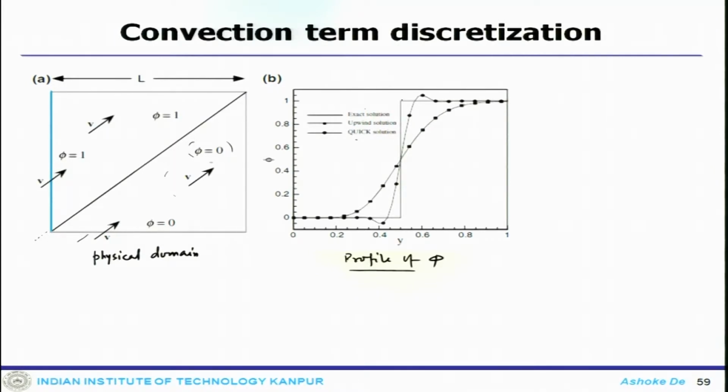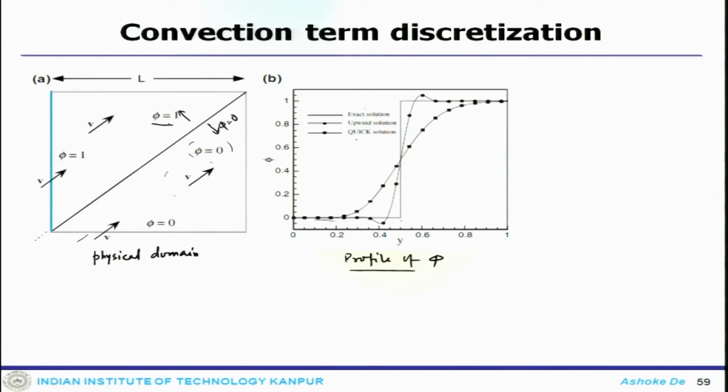That is why if you look at the exact solution, phi equal to 1 suddenly along the diagonal or the middle of the system drops to 0 and then it stays 0, because the lower side is all phi 0 and the upper side is all phi 1. And somewhere it would be 0.5.